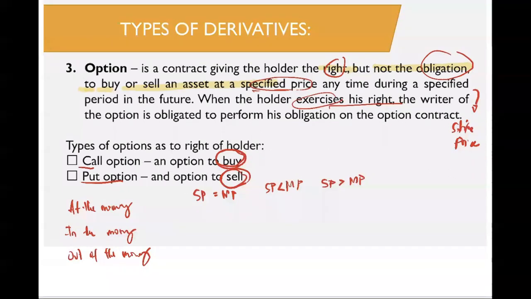So it is considered at the money if it is equal to your market price. It is considered in the money if the strike price is greater than your market price for a put option.